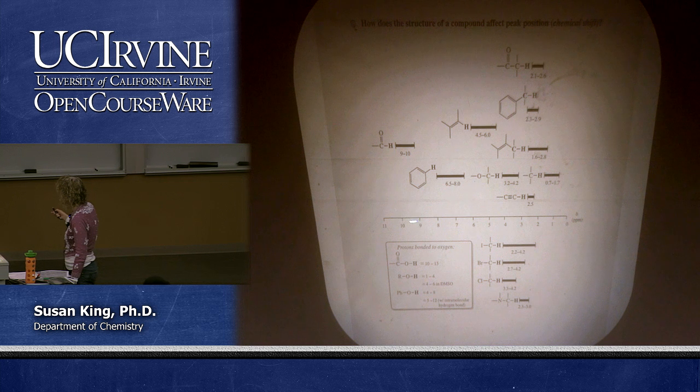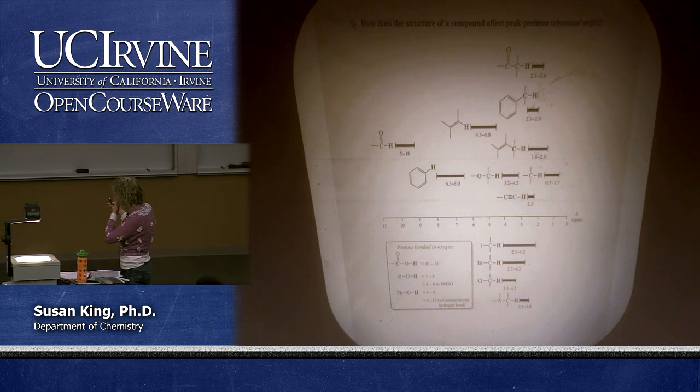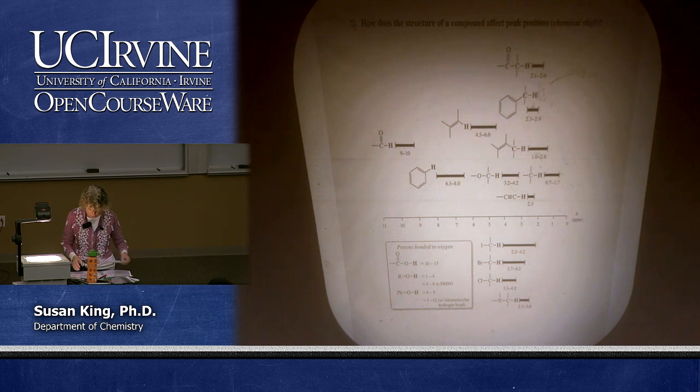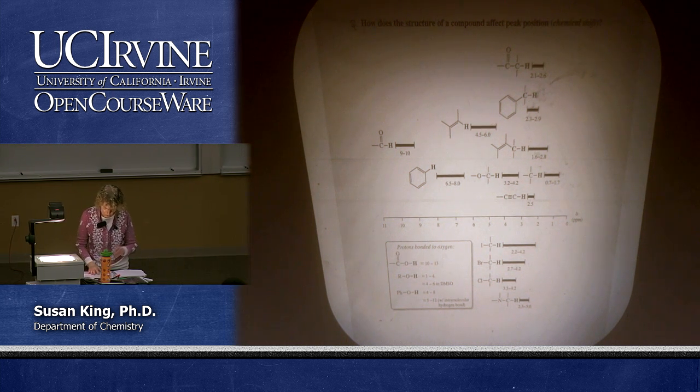So when we have protons this far down, it means we either have an aldehyde or a carboxylic acid proton. These guys are shifted really far downfield. Most of the time, you'll just see 0 to 10 printed, but if you have these, you'll see a larger sweep width there. Okay.